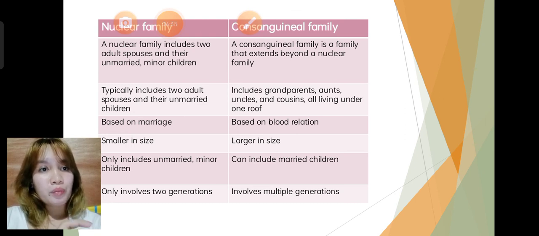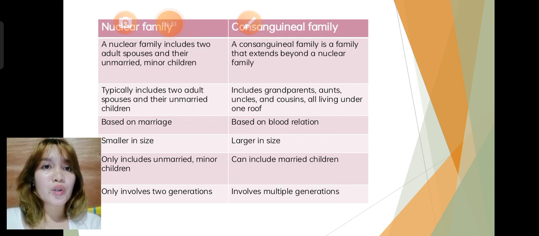They are based on blood relation, while the nuclear family is based on marriage. While the nuclear family is smaller, the consanguineal family is much larger in size.